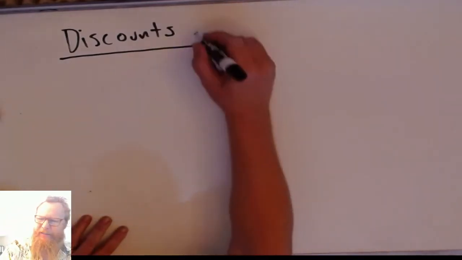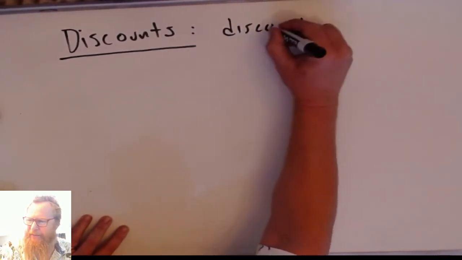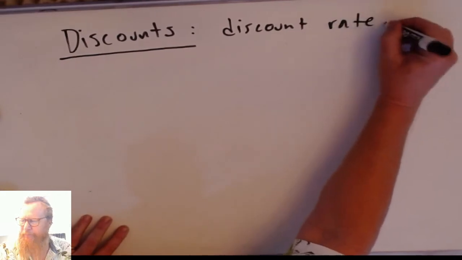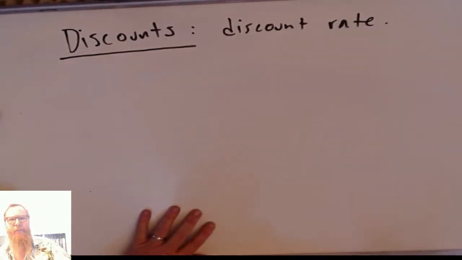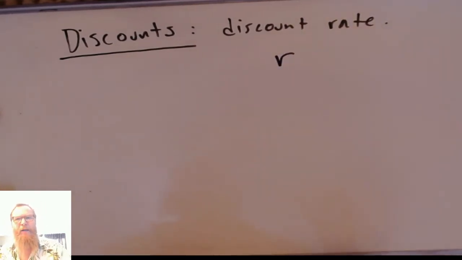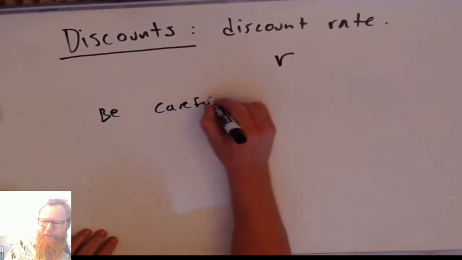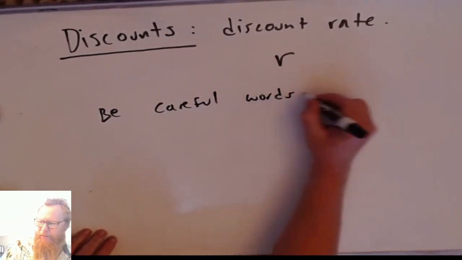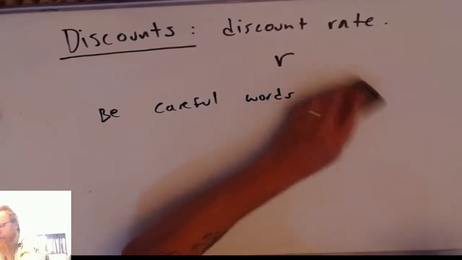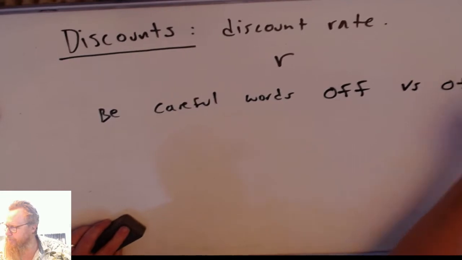So if you have a discount, you have to have what's called a discount rate. All right. Now I want to be careful. There are two important words, off versus of.